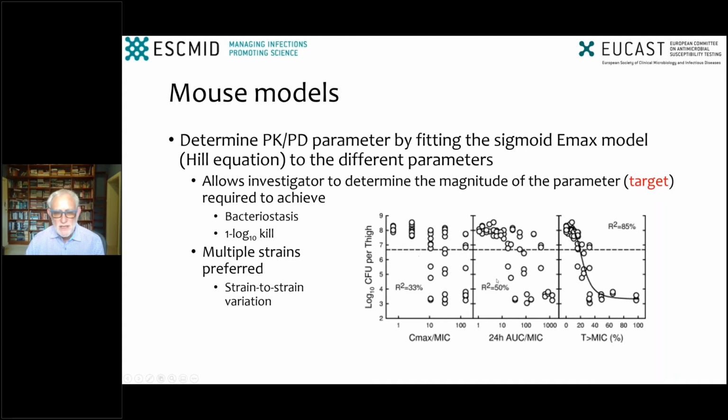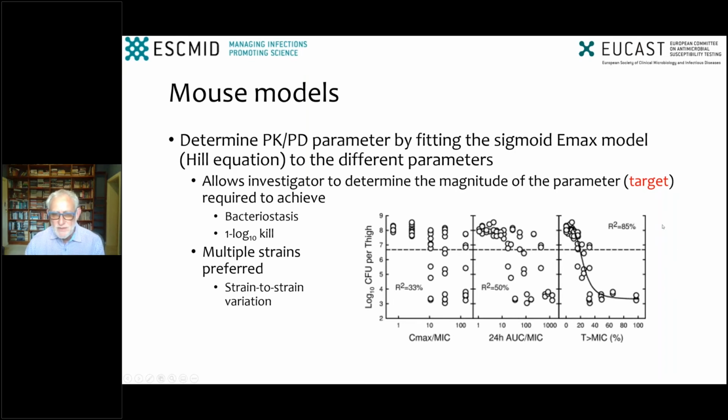And as you can see, there's a poorish relationship for Cmax and AUC-MIC ratios, but a very nice sigmoid dose-response relationship for T greater than MIC.